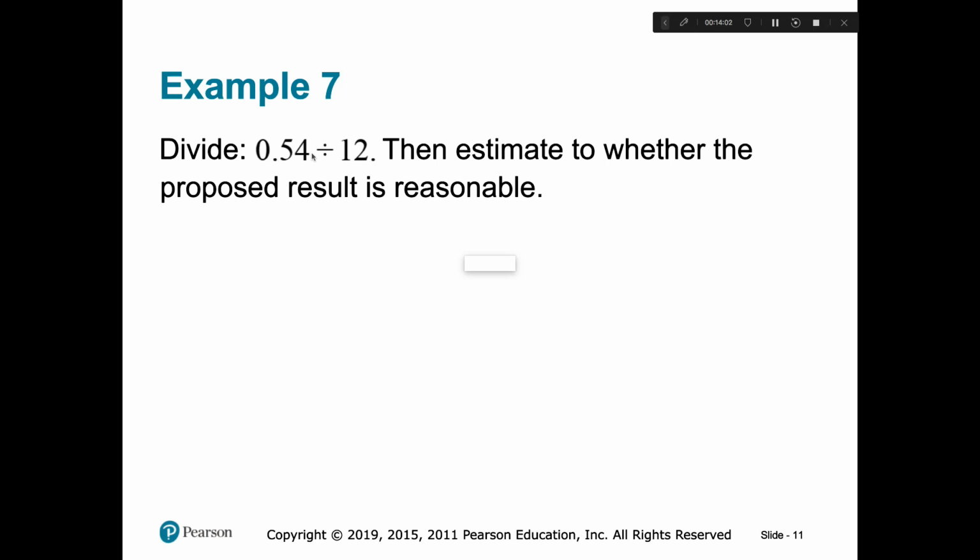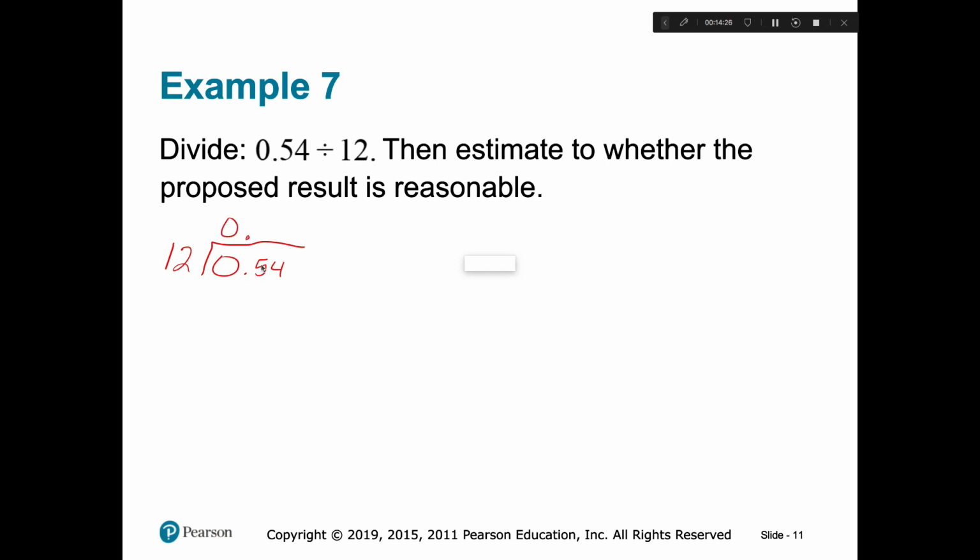Do we need to move our decimal point for this problem? Nope, we do not, so we keep it where it is. It goes straight above where it's at, and I hang out a 0 there.